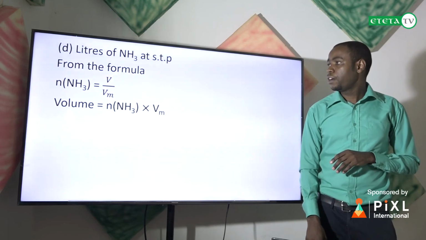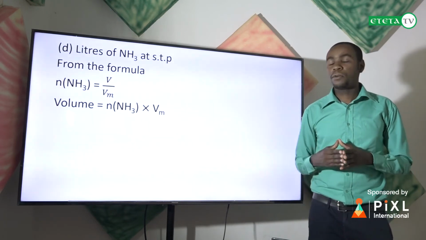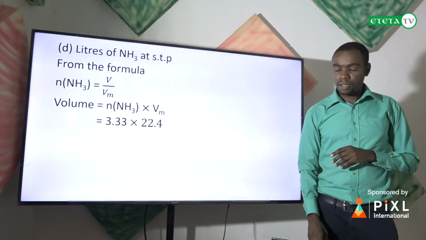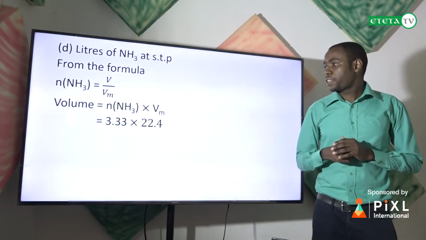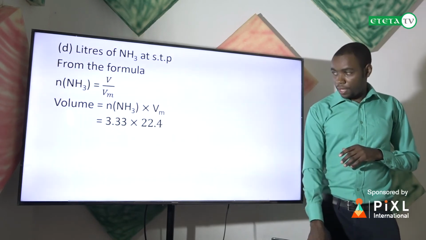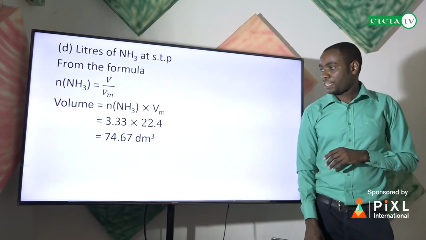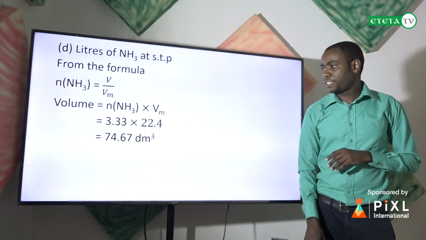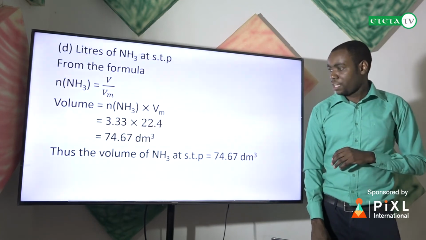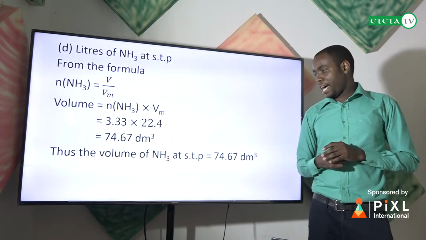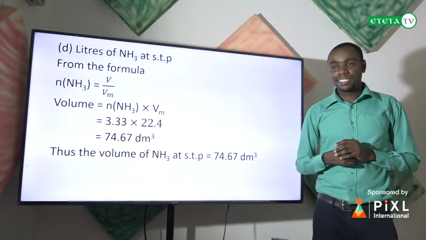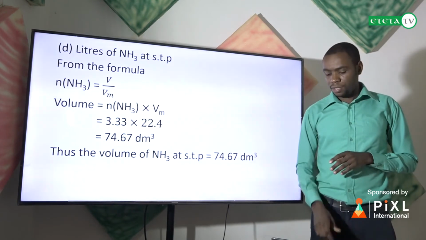The volume of ammonia is equal to number of moles of ammonia multiplied by molar volume, which will be equal to 3.33 multiplied by 22.4. The answer is equal to 74.67 decimeter cube. Thus, the volume of ammonia at standard temperature and pressure is equal to 74.67 decimeter cube.